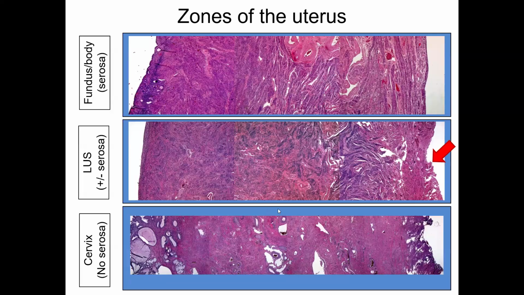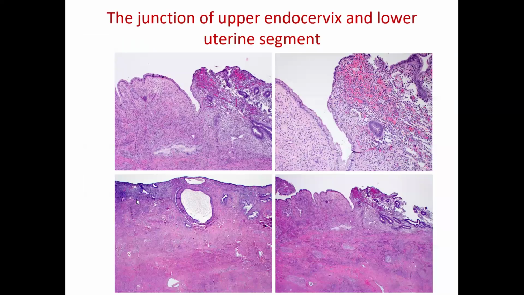Microscopically, you will see something like this when the endocervical glands start to look a little bit funny, with less mucus, and that's what we call hybrid glands, and then you go into the lower uterine segment and the fundus and the endometrium. Again, here you can see that here's the endocervix, and here's some hybrid glands, and here's the endometrium.